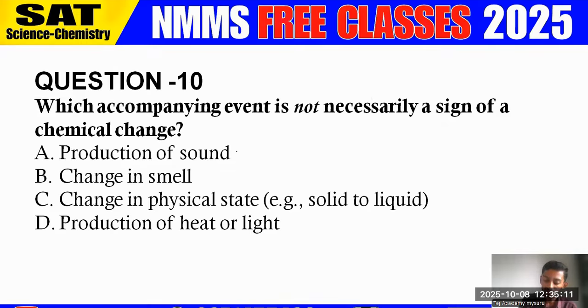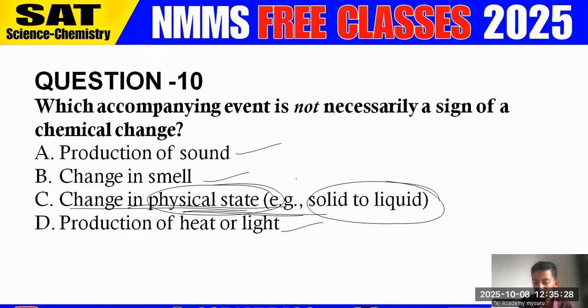Dear students, you observe options A, B, D. In all three options, we can observe some chemical change. Whereas in option C, physical state, that is liquid to solid or solid to liquid, that is a sign of physical change only. This is not a sign of chemical change. So the correct one is change in physical state.